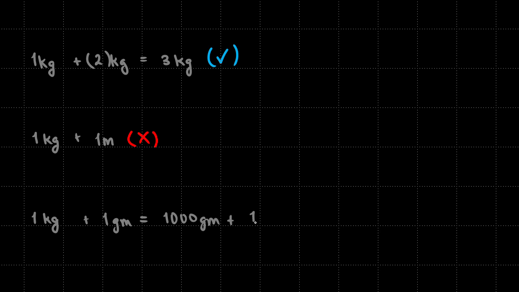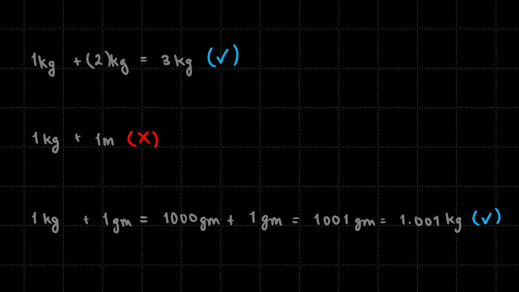I'm doing it so that it will be easier for me to calculate. So we can write it as 1001 gram or 1.001 kilogram. So they are basically the same thing, right? So that's why you can actually add different units, but it has to be of the same physical quantity.